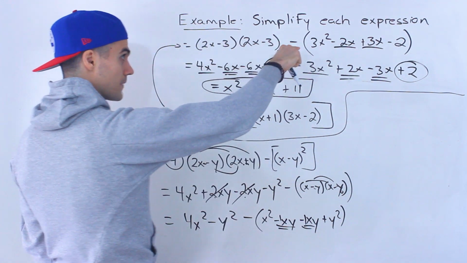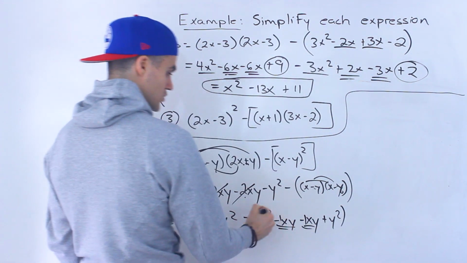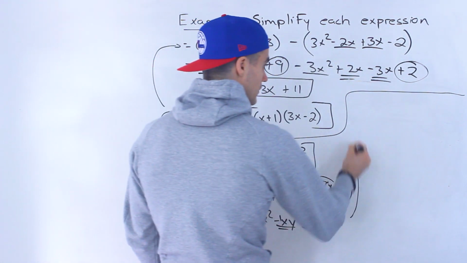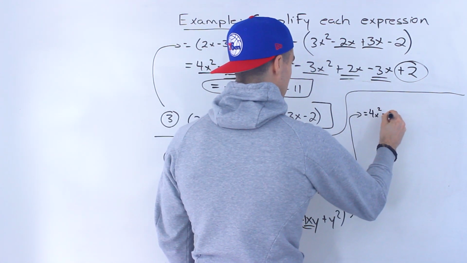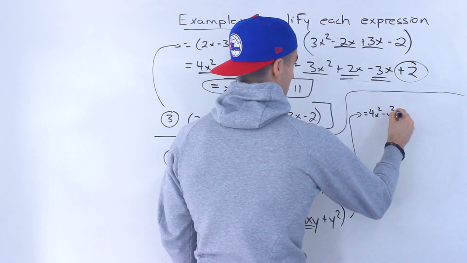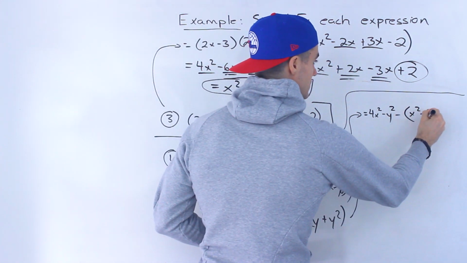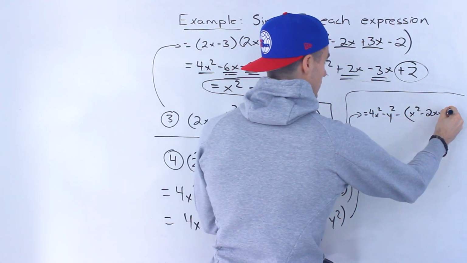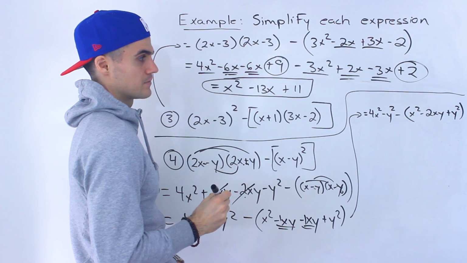So doing it a little bit differently than up here, I'm actually going to simplify these two first before distributing the negative in front. So we would have 4x squared minus y squared minus, in brackets, x squared minus 2xy plus y squared, like that.